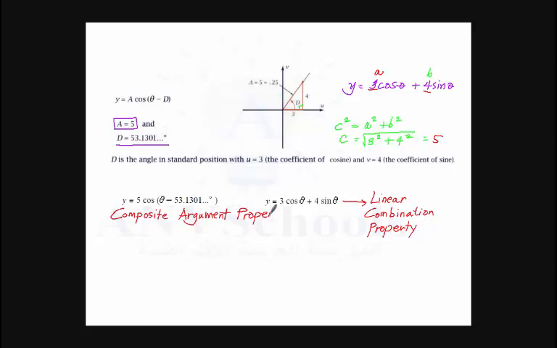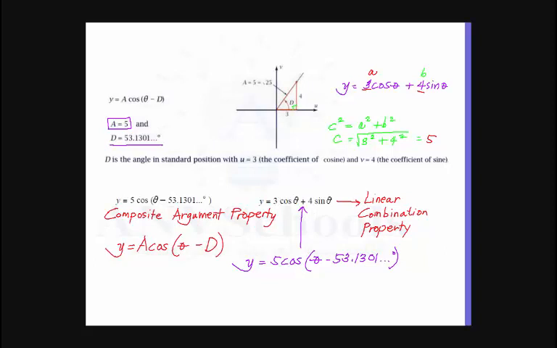Now this defines the composite argument property, and writing it taken from this linear combination property gives us y is equal to A, which is the amplitude, cosine of theta minus the displacement D. That means our equation using the composite argument property would be 5 cosine of theta minus 53.1301 degrees, and this is just equal to this expression.